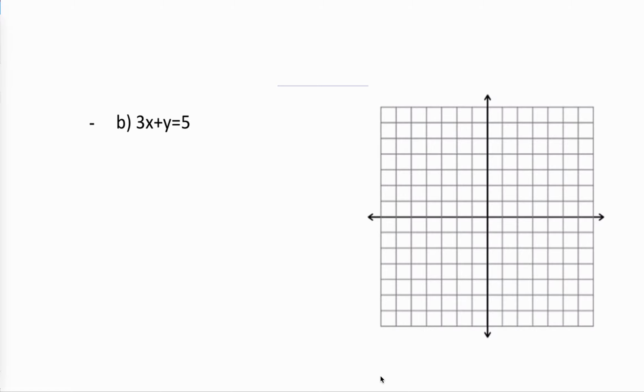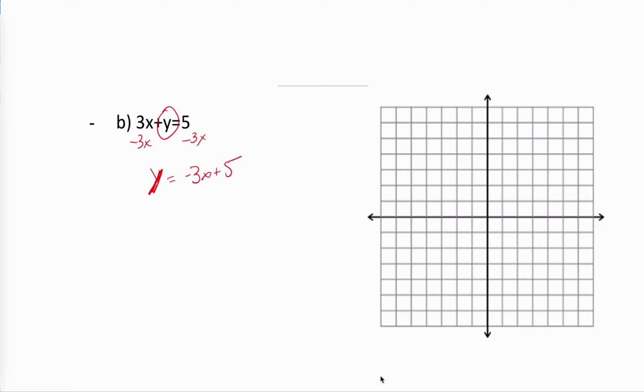Here, this equation is not in slope-intercept form, but we can put it in slope-intercept form by solving for y. In this case, this is pretty easy to solve for y. We just got to move the 3x over. So we would get y equals -3x plus 5.